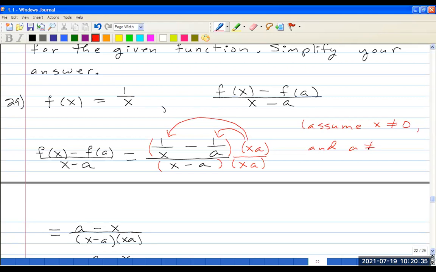So I'm going to make that assumption. If you don't, then you'll be dividing by 0, and you don't really want to divide by 0, that's not good. Okay, so let's state that assumption.